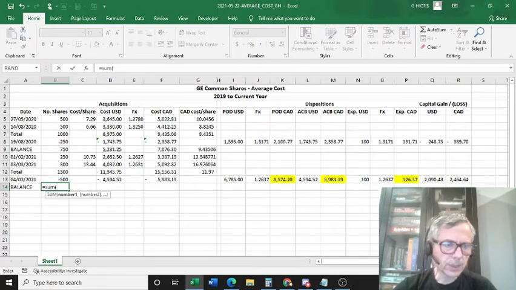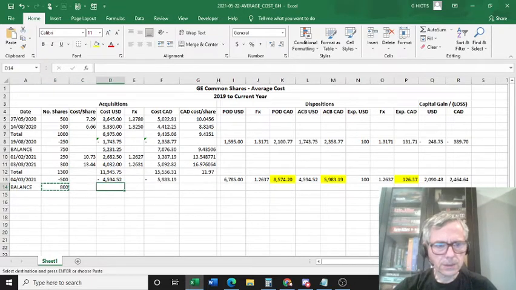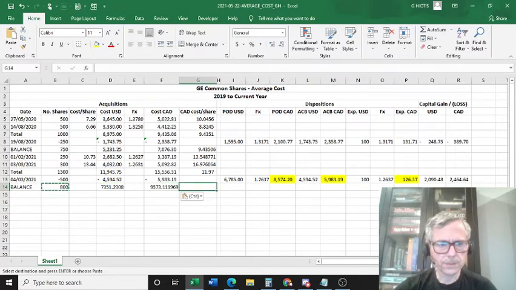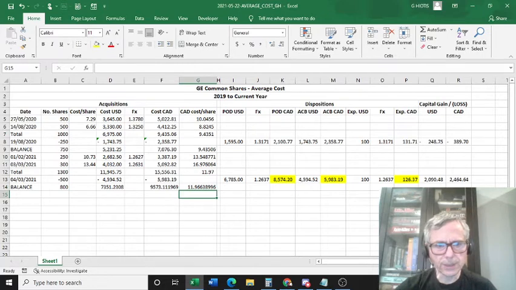Now he started with 1,300. He sold 500, so you should be left with 800. And here we go. My new average cost per share is now $11.96.